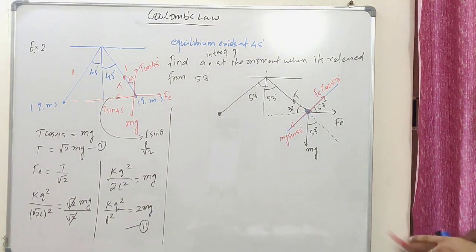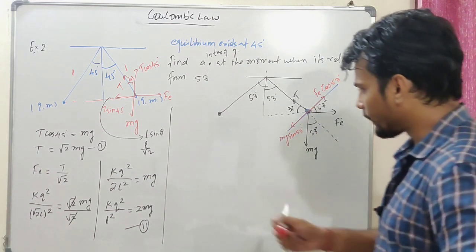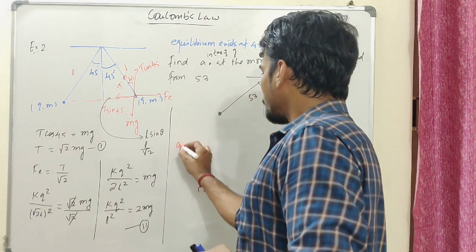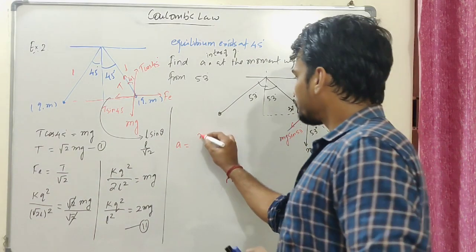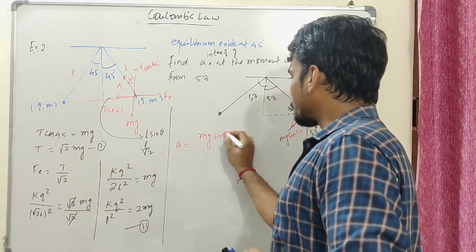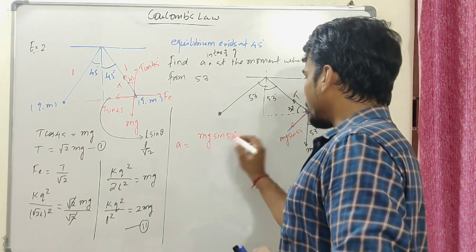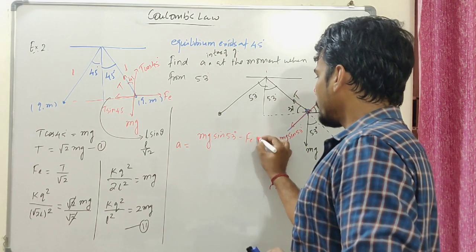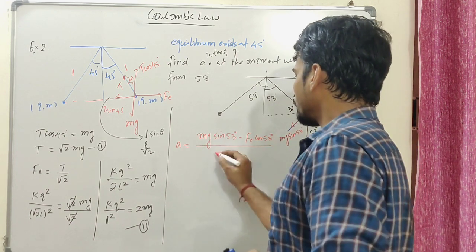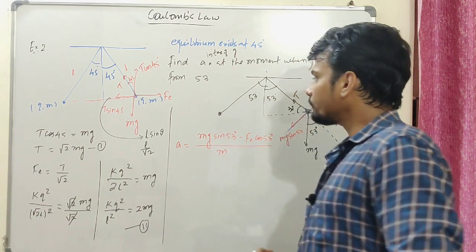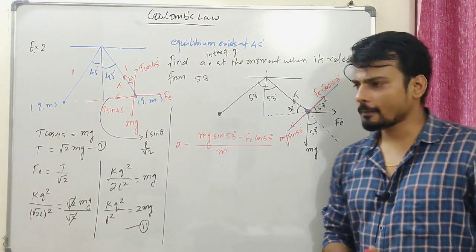The acceleration is along this way, so can I just write a equals mg sine 53 degree minus Fe cos of 53 degree over m. Fair enough, all of you?